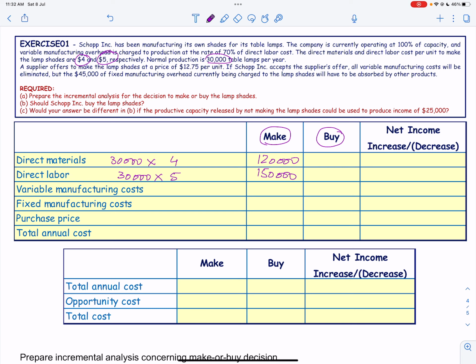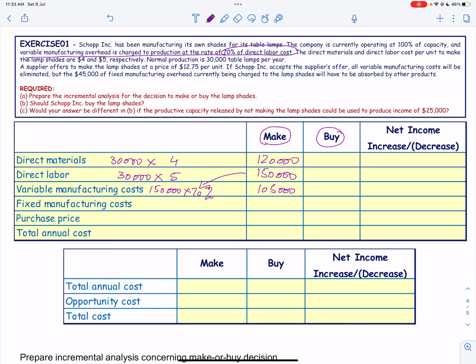The variable manufacturing overhead is charged to production at the rate of 70% of direct labor. So we have direct labor 150,000 and 70% of this will be the variable manufacturing cost, that makes 105,000.